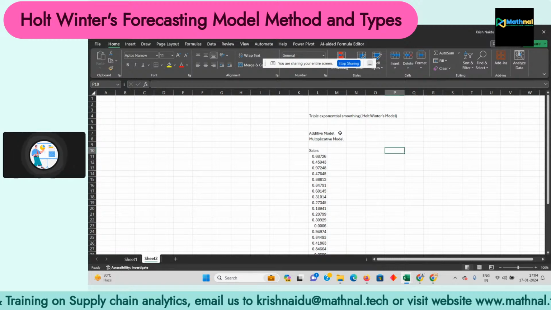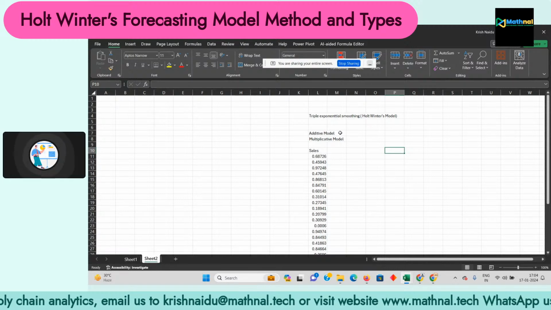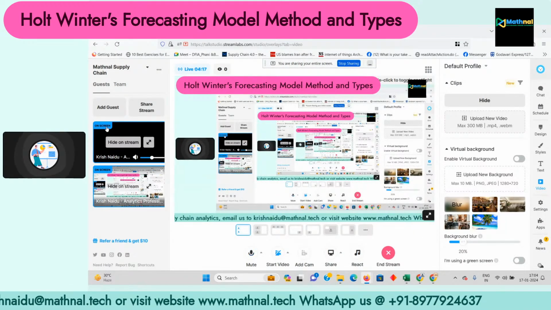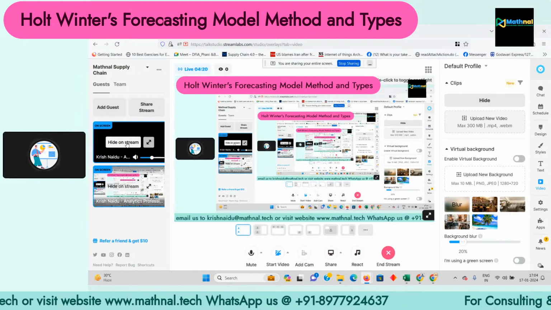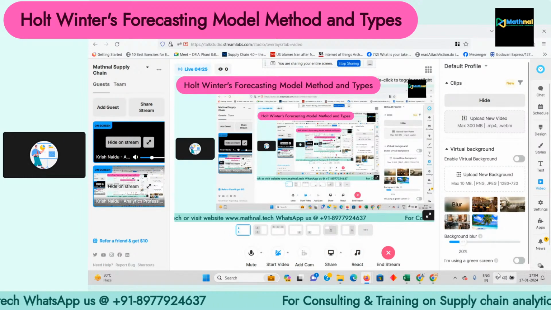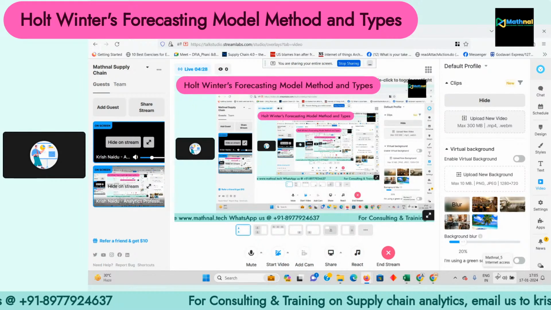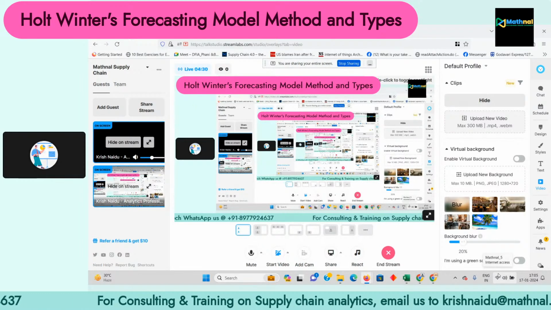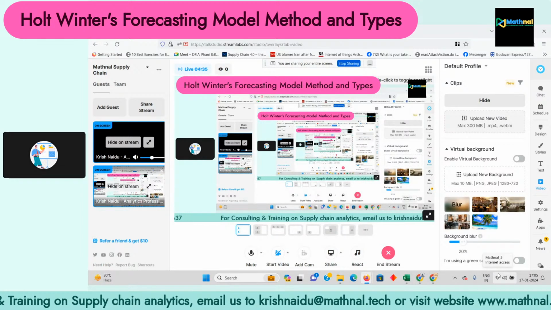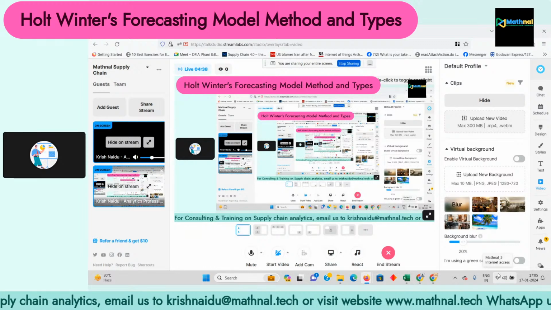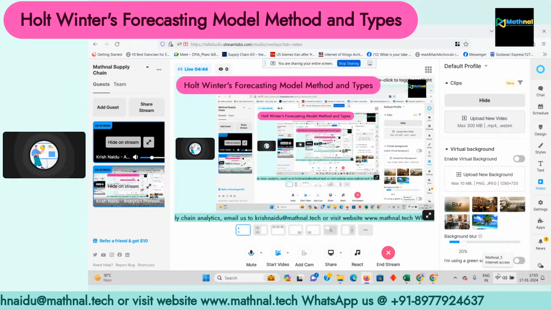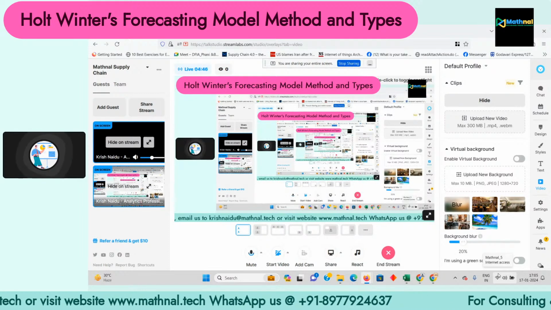I need to check whether you're able to hear me or not. Let me also make those settings. I think you're able to hear me. Just let me check whether you're able to hear me properly.